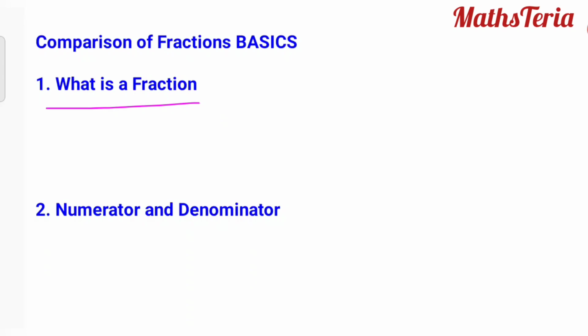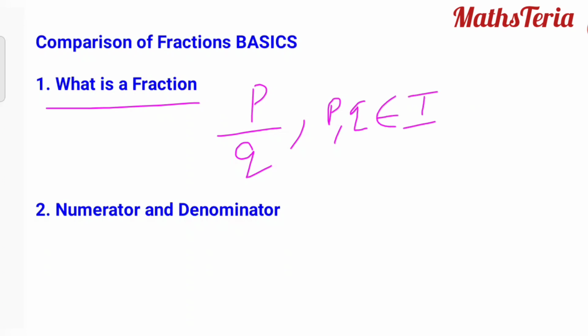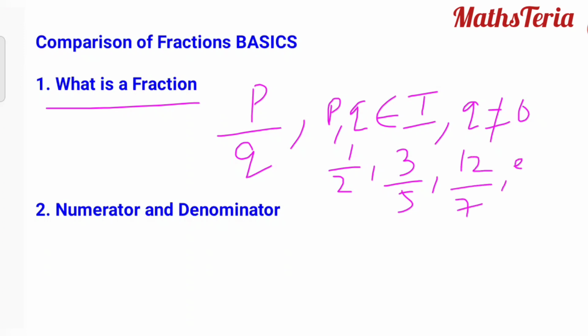Any number which can be expressed in the form of p by q, where p and q both belong to integers and q is not equal to 0, is a fraction. For example, 1 by 2, 3 by 5, 12 by 7, etc. All these are examples of fractions.